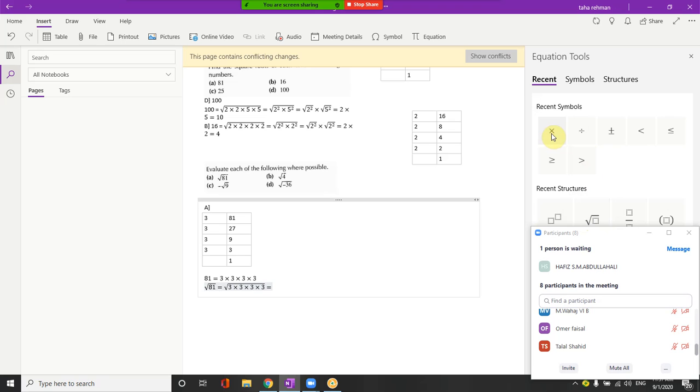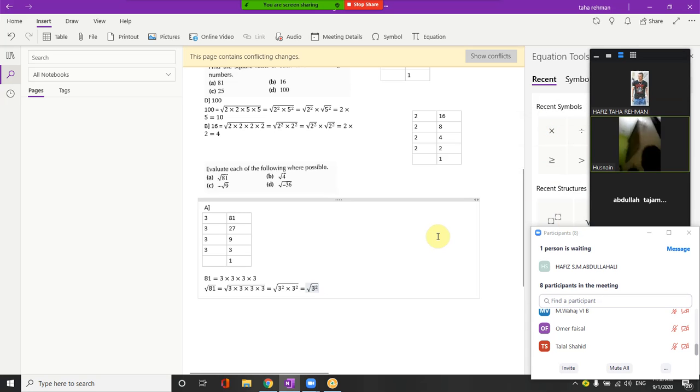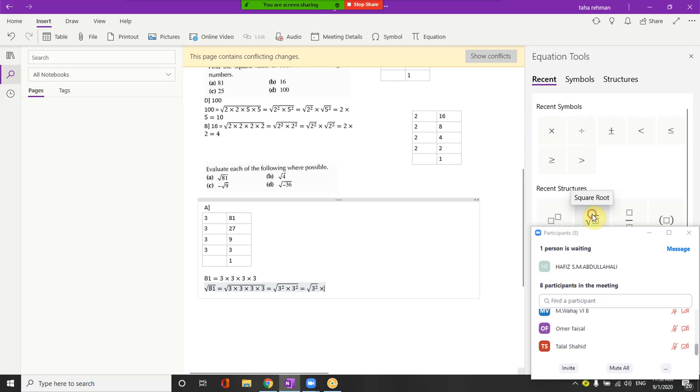In index notation we can write it as 3 raised to the square times 3 raised to the square. Further, we can write it as the square root of 3 squared times the square root of 3 squared. The square root cancels the square, so the answer would be 3 multiplied by 3. It means the square root of 81 is 9. Got it?